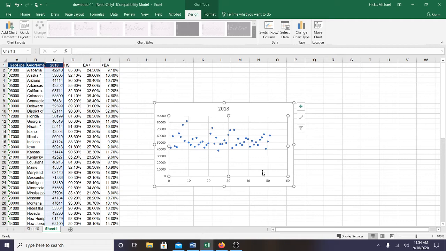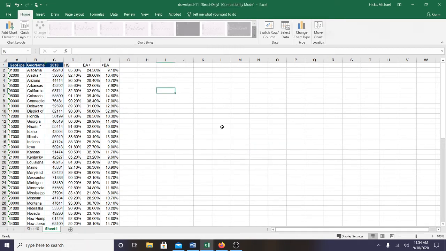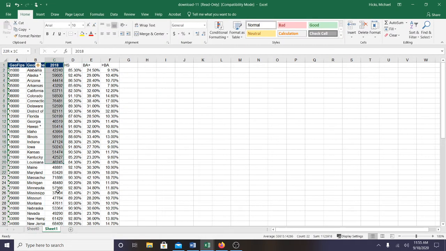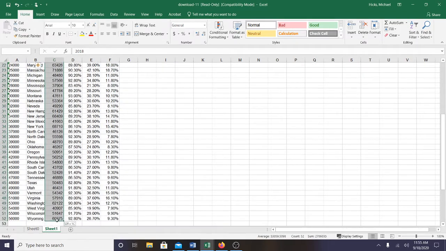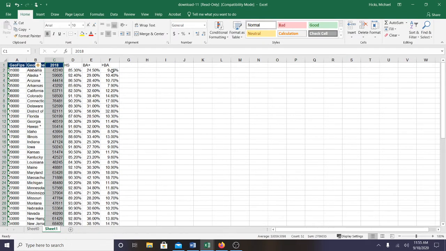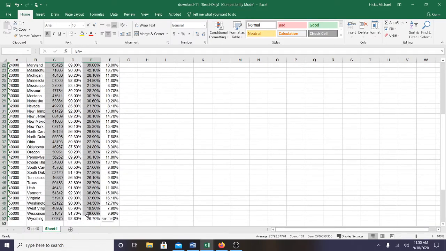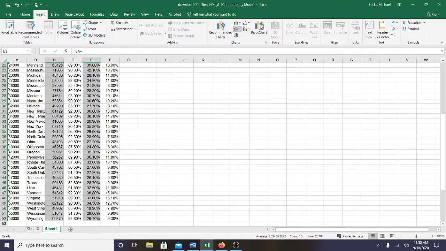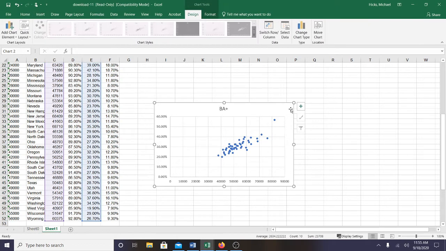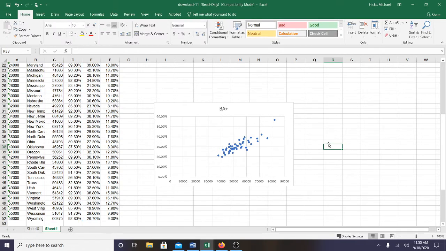Well, that didn't work. Sorry, Excel's a little buggy, right? So we'll start off with that variable selected and that variable selected. We'll go to bachelor's degrees, go to insert, scatter plot, and there's our correlation.